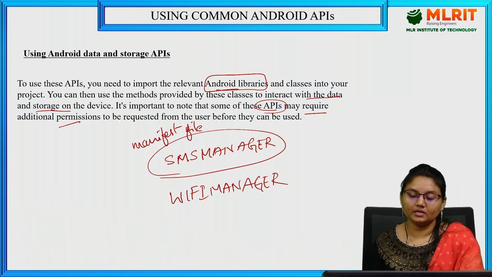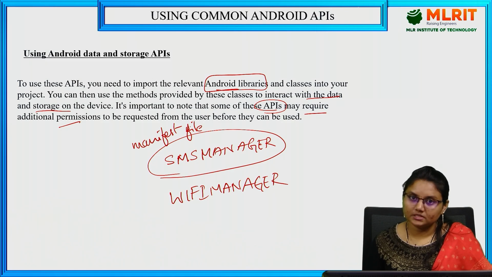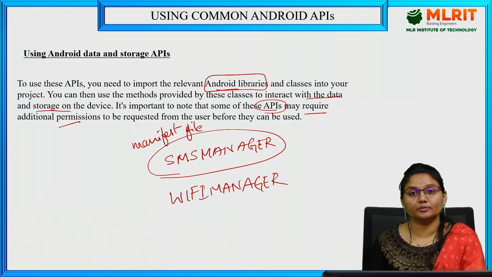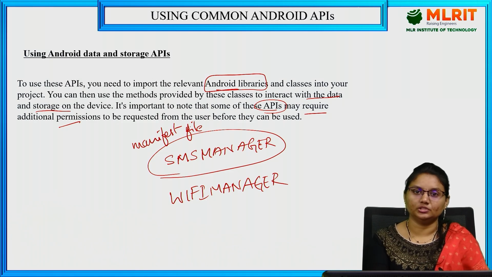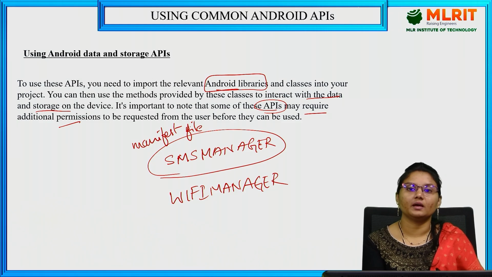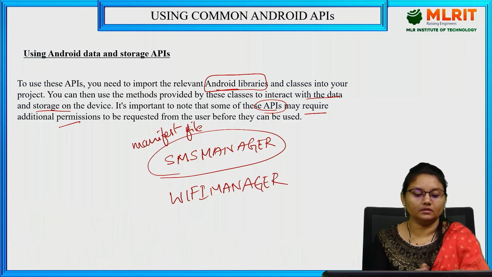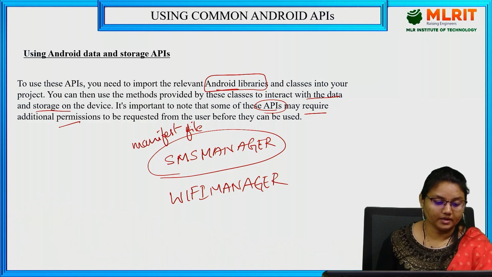Wi-Fi manager will be the Wi-Fi service provider, and SMS manager will be the SMS service provider. Like that, those service providers have to give the permissions to use them in your application. Such permissions should be written programmatically in your manifest file so that those permissions will be enabled by those managers.